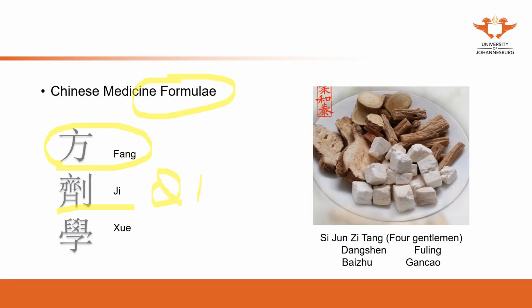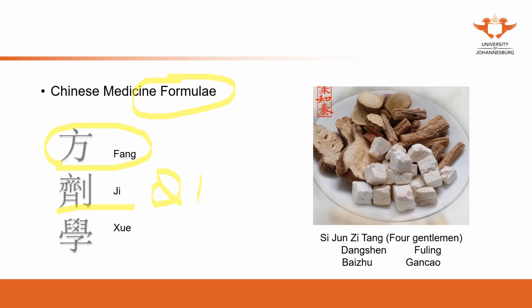We have to apply specific rules to make the formulae look tidy. So in this subject, we're going to study the relationship among different herbs, as well as the clinical applications.